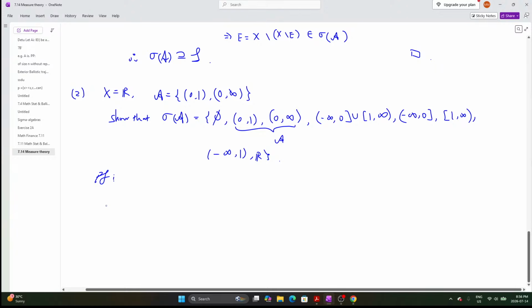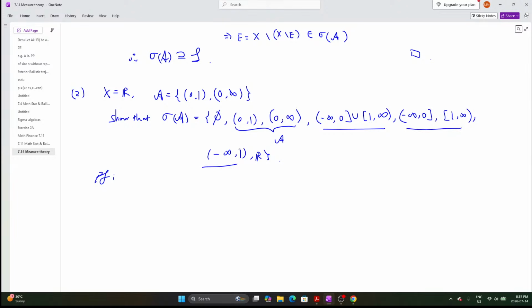All right. So there are certain elements that are obvious. Empty is obvious. R is obvious. Elements in A are obvious. So first we need to show this.